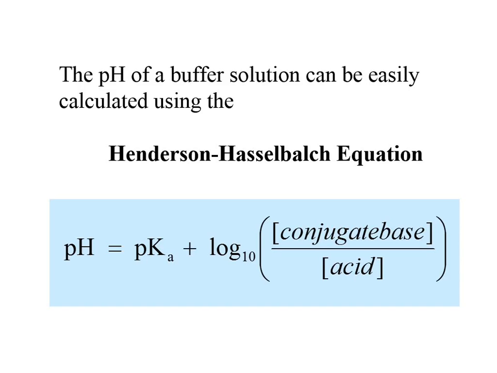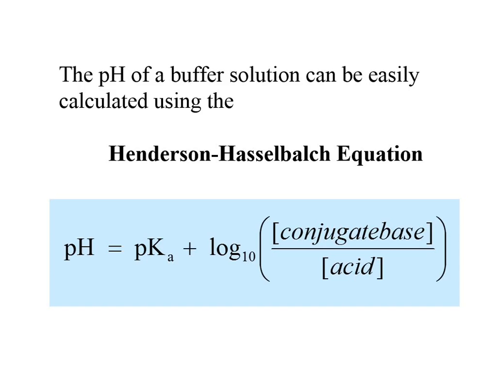So the pH of your buffered solution is equal to the pKa of, remember, buffered solutions have a pair of conjugate acid and conjugate base swimming around in there. So whatever your acid is, not the Ka, but the pKa. Remember, to get the pKa, you take the negative log of the Ka if you need to.